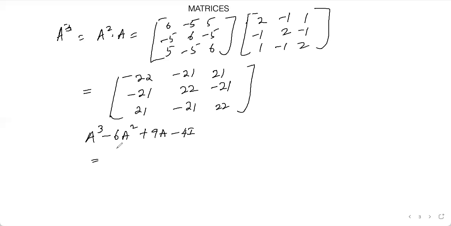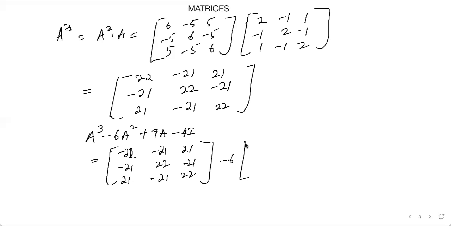So A cube we got as 22, minus 21, 21, minus 21, 22, minus 21, 21, minus 21, and 5, minus 6 multiplied into A square, which is 6, minus 5, 5, and minus 5, 6, minus 5, 5, minus 5, and 6, right?